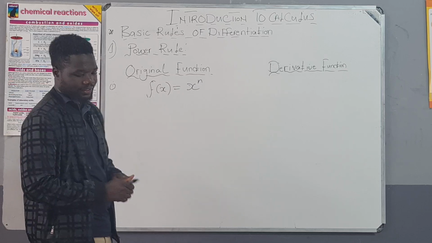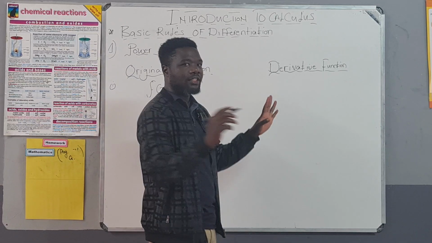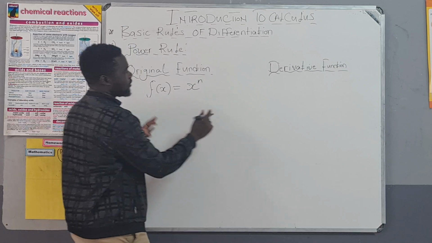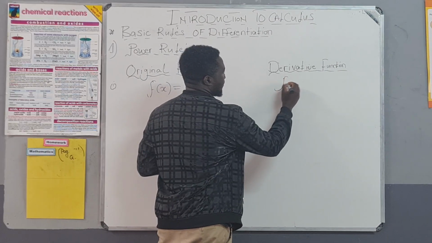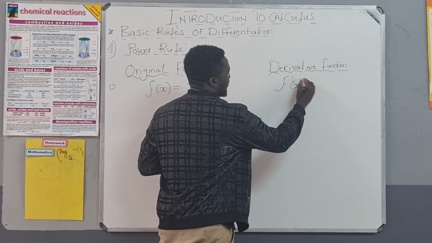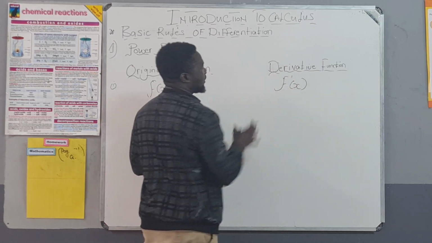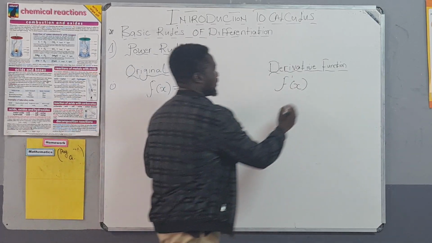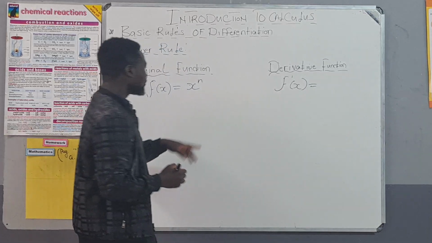When you are writing the derivative function of this original function, you write it like this. This shows that it's a derivative function, equal to what?